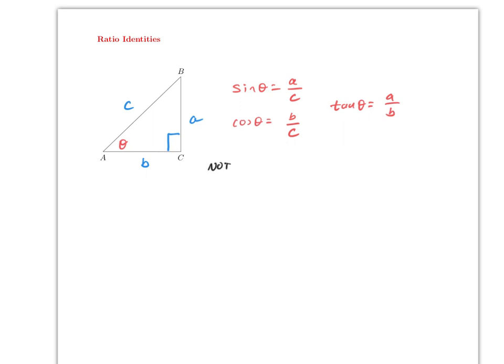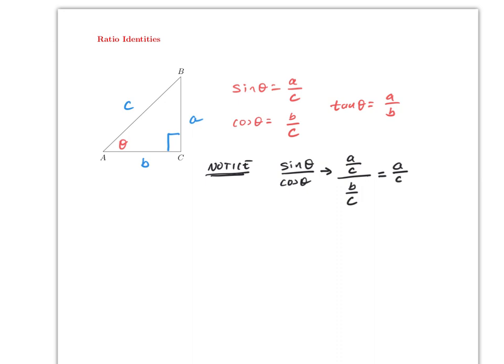But notice what happens here. If you divide sine theta over cosine theta, this will mean that you have A over C divided by B over C. And remember, when you divide fractions, you have to flip or multiply with a reciprocal.